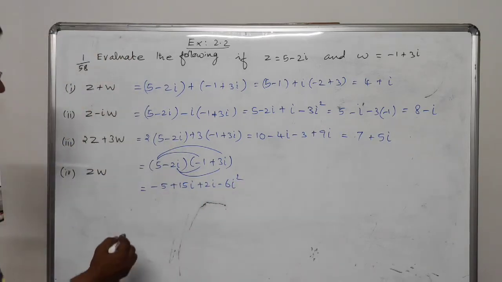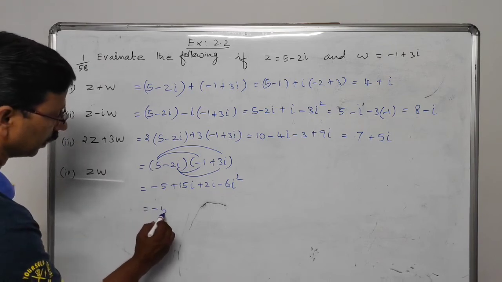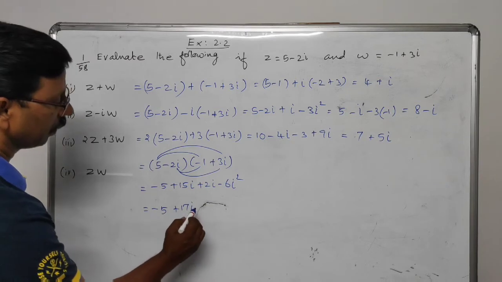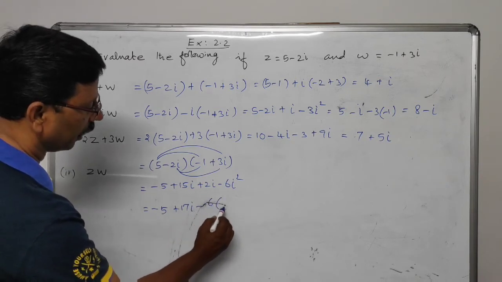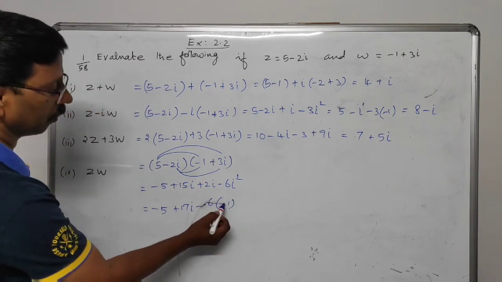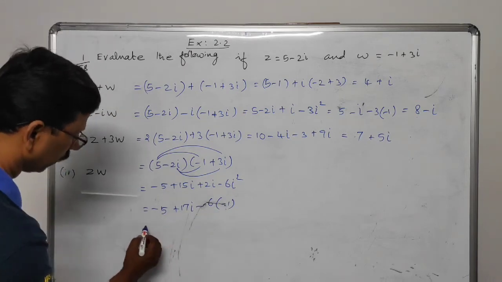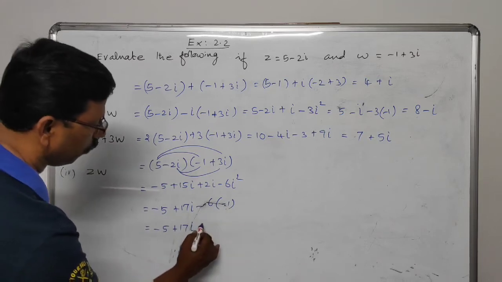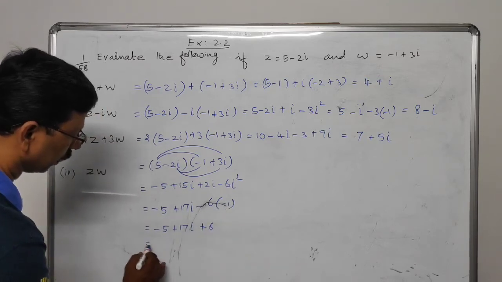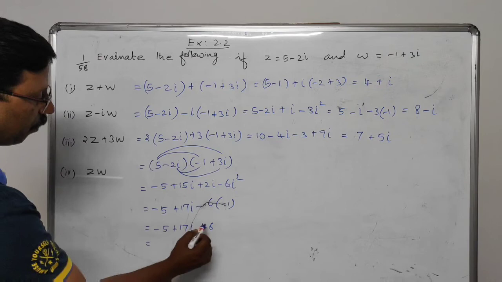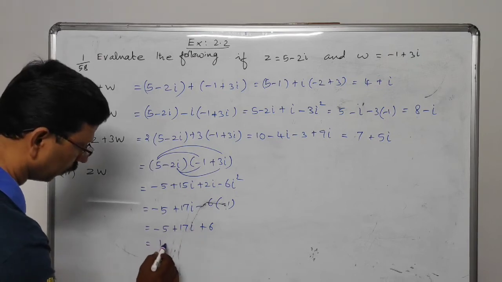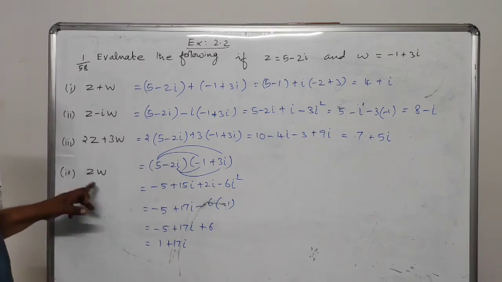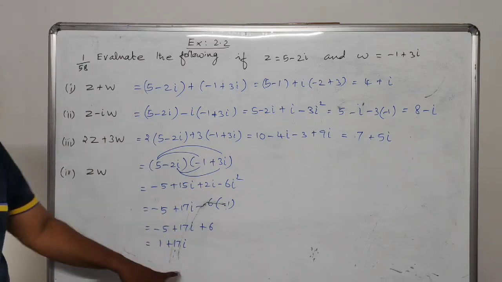The sum of these becomes minus 5 plus 17i, minus 6 into the i square value, which is minus 1. Then minus 5 plus 17i, then plus 6, which is minus 5 plus 6 becomes 1, so 1 plus 17i.